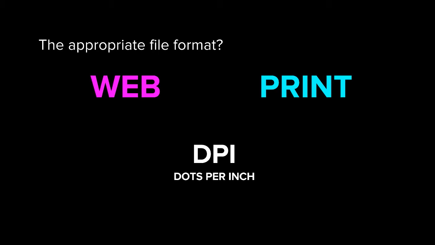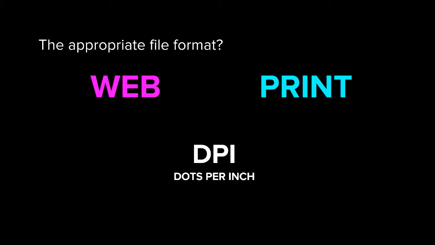So it's really important to begin with the end in mind, because the intended destination of the image that you're using, whether that's for use in a poster or for use on a website, would really affect the workflow from the very beginning to the very end.